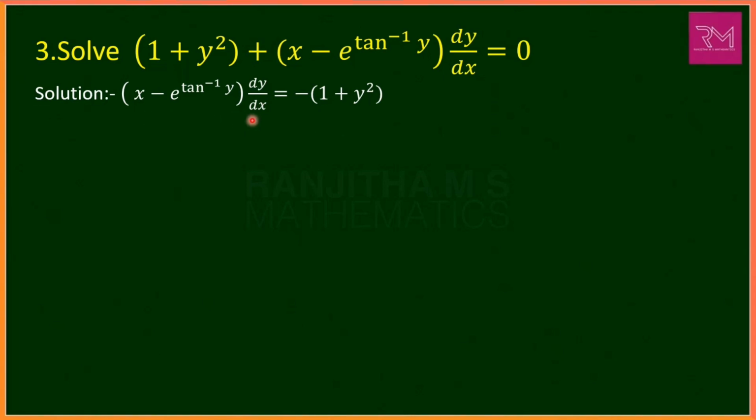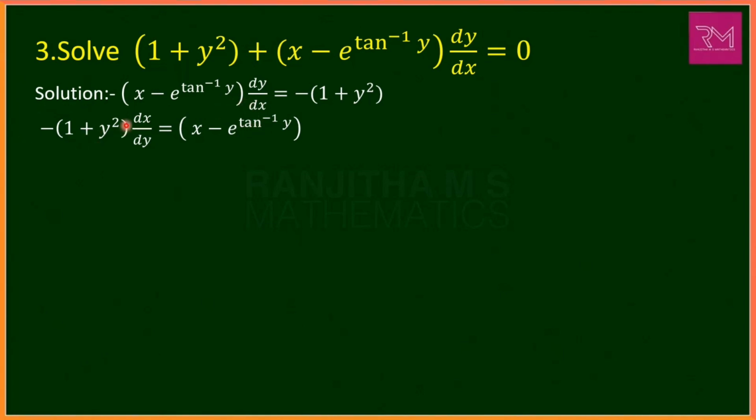So to make the simplification easy, take this dy by dx to the right hand side, that becomes minus 1 plus y square into, dx goes to the numerator and dy goes to the denominator, hence it becomes dx by dy, which is equal to x minus exponential power of tan inverse y as it is.